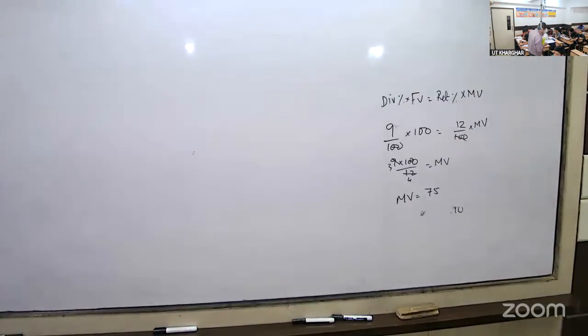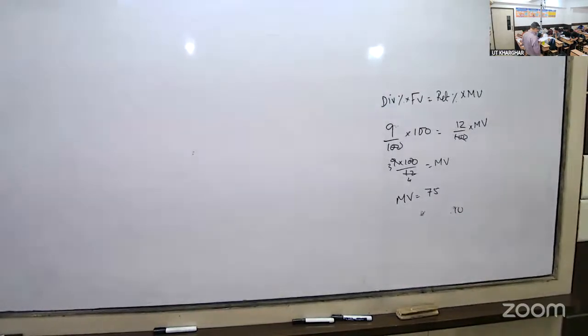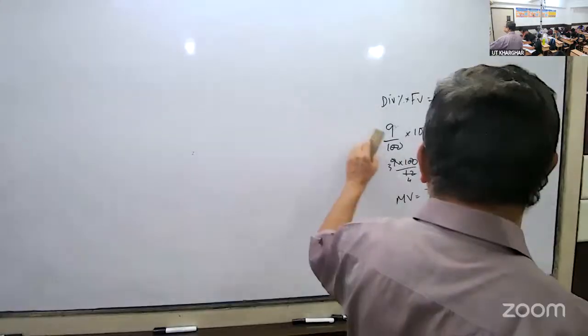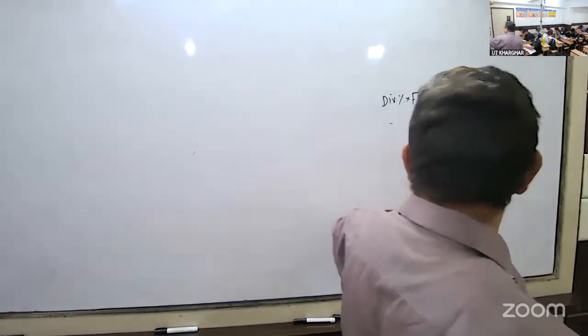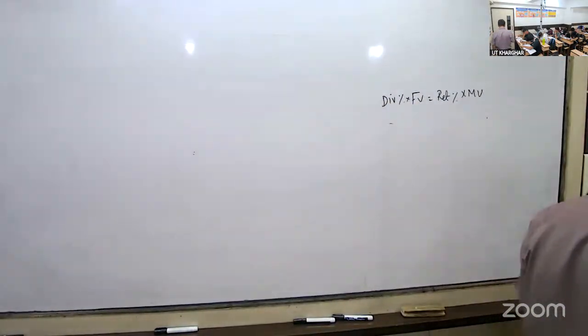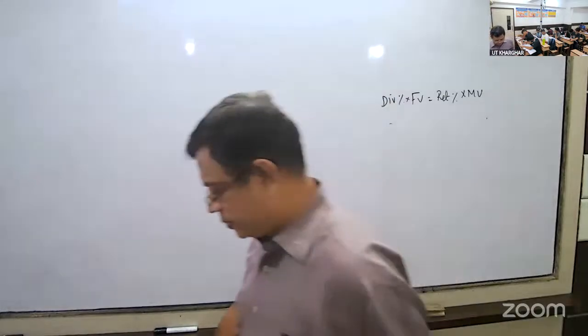Write down: face value is equal to 100 rupees, market value 120 rupees, return percent is equal to 15%. Then write the formula: dividend percent into face value is equal to return percent into market value. Substitute and simplify, get the answer.